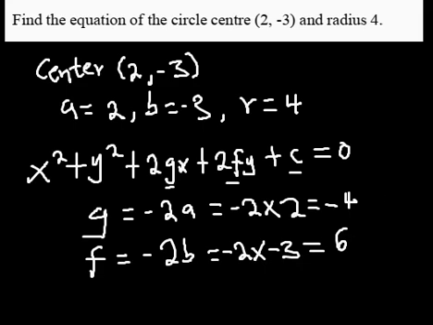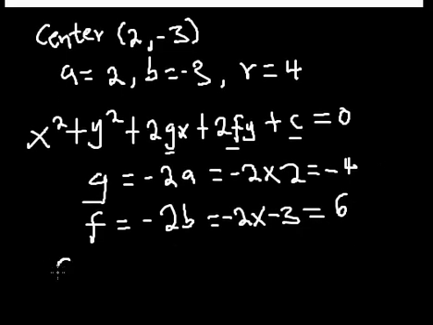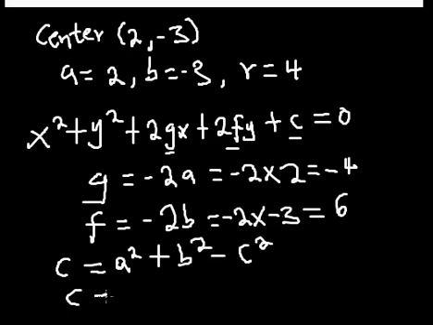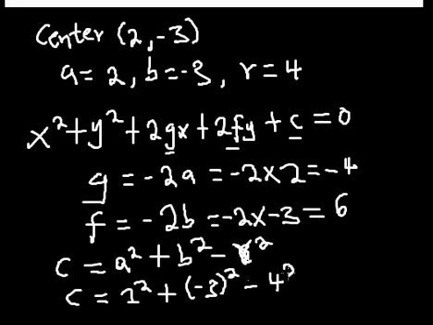So now for me to get my c, remember what my c was. My c was a square plus b square minus r square, as easy as that. My a is 2, so that's 2 square plus b, which is minus 3 square, minus r square, minus 4 square.